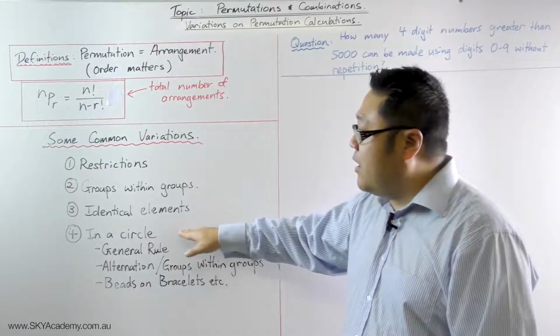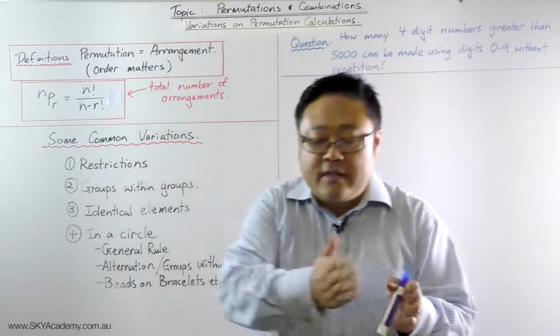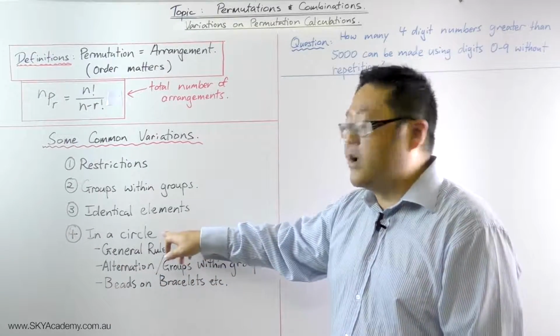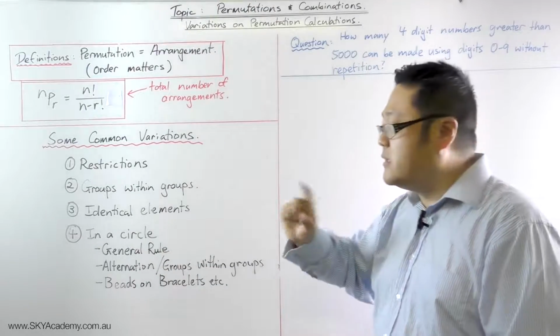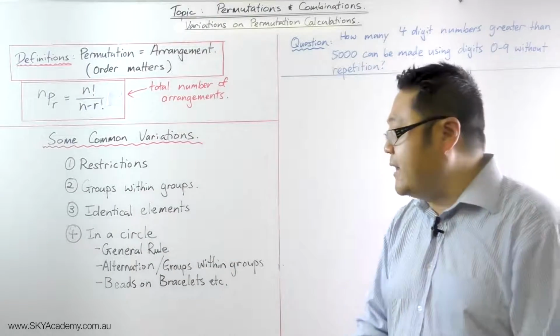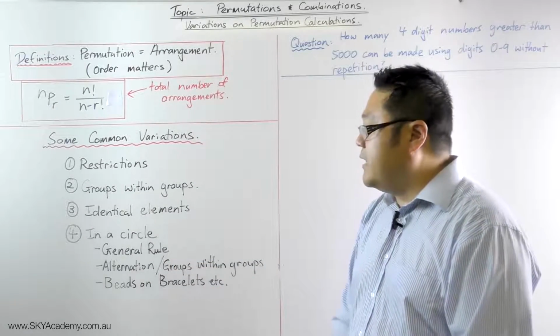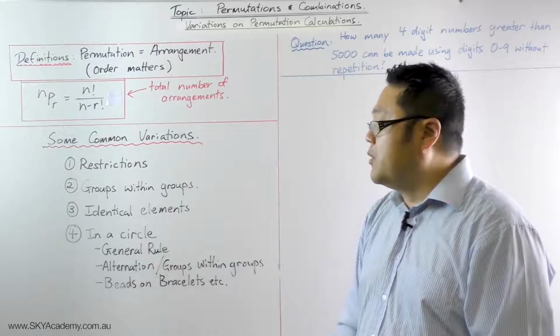The other type of common variation is basically instead of putting the arrangements in a line, right? You're putting the arrangements in a circle, right? And there is a way to do that. There is the general rule for how to do that, and then you've got the variations for that within the circle.